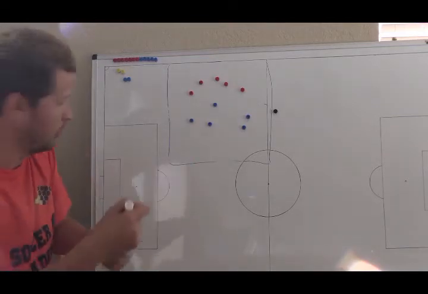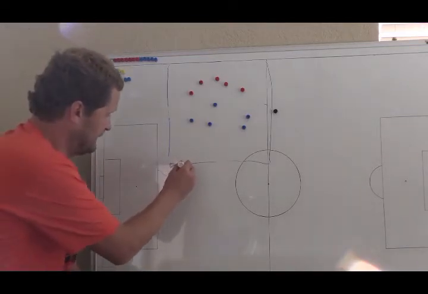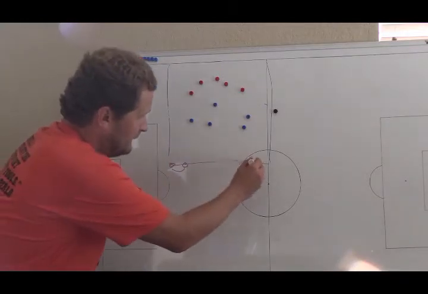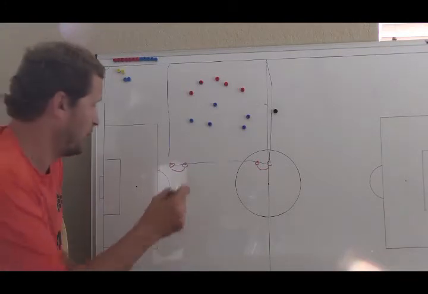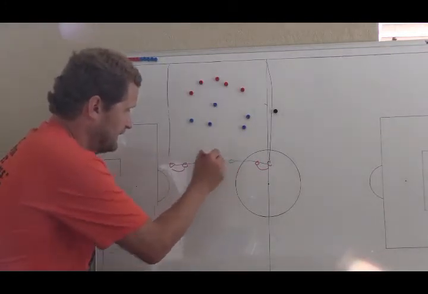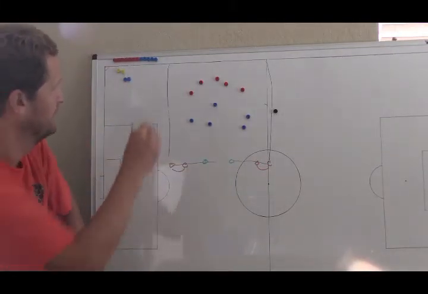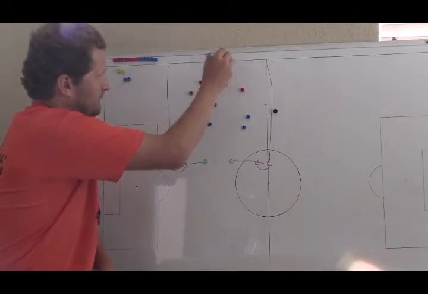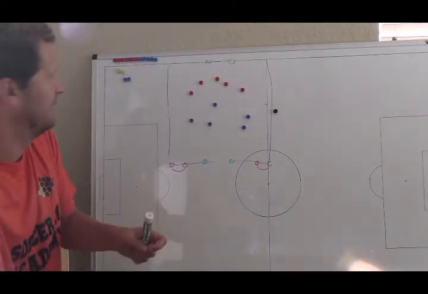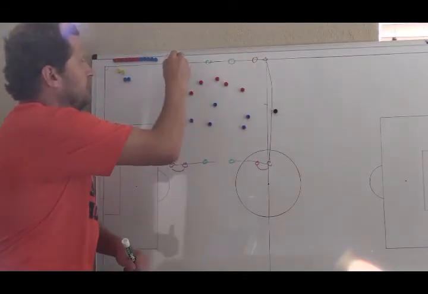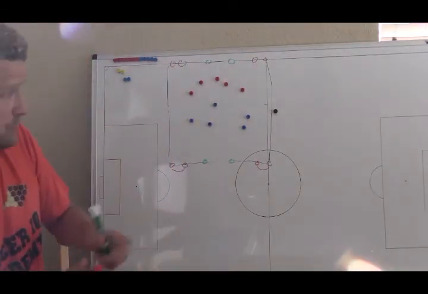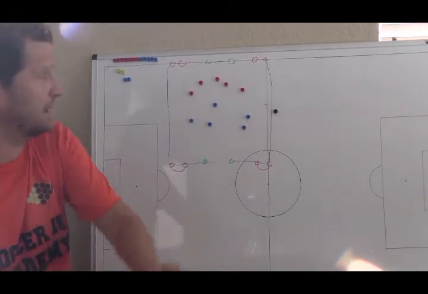One goal is going to be small on the side right here, and then the same here, and then in the middle there's going to be a wider gate like this. It's all goals, no goalkeepers, and the same thing here, wider and then small in the corner. So just a regular soccer game.